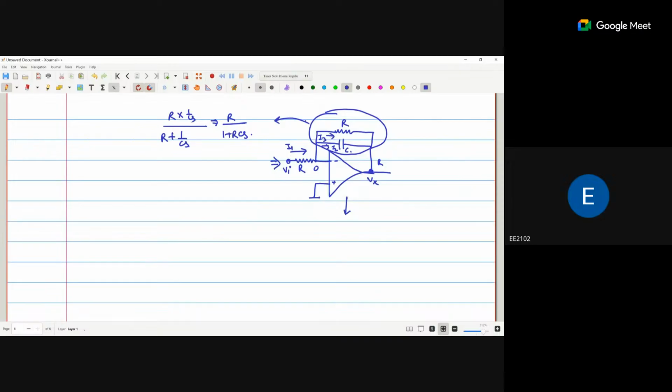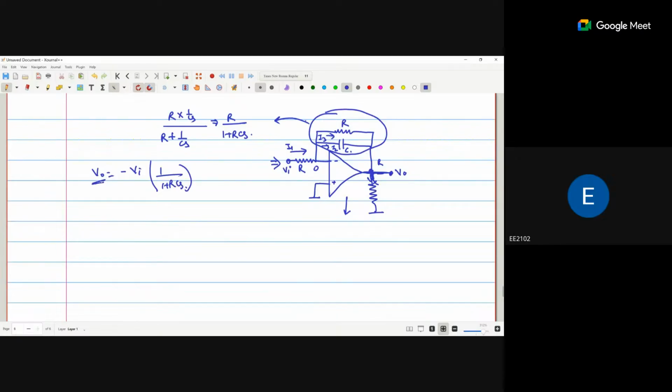Now, one more thing with that is, if I use the RL after that, you can see this is my V naught. So what is the V naught we are getting? V naught is nothing but minus Vi times 1 upon 1 plus RCS.